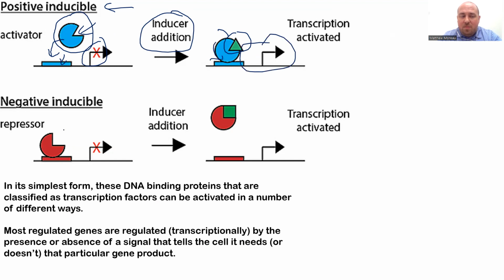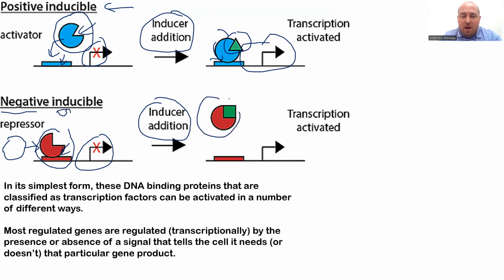Negative inducible is actually when you have a repressor. So the repressor here is bound to the DNA. It is not allowing for transcription because it is probably steric. So RNA polymerase probably binds up here, so it's preventing RNA polymerase to go forward. And so in this case, because it's negative induction, you're inducing by negating the repressor, and therefore induce, because if you're negating a repressor, you're inducing transcription.